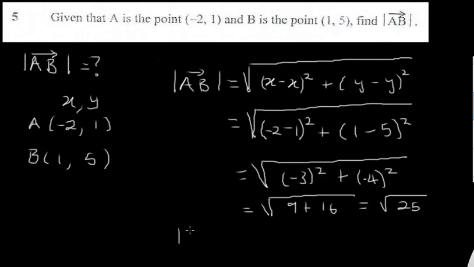So therefore, the magnitude of the distance AB is equal to, what is the square root of 25? This should be easy, grade 12. The square root of 25 is 5. So therefore, the magnitude of the distance AB is 5. You can actually say 5 units if you want.